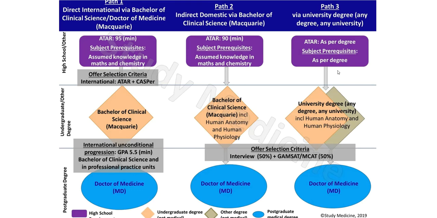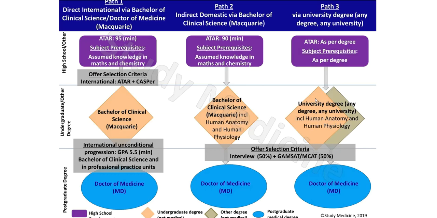That path then compares with Path 3. So you're able to apply for medicine at Macquarie if you've got a previous university degree, and in this case it can be any degree from any university. Of course, the ATAR to get into that degree is dependent upon the degree that you first do, and of course the subject prerequisites as well.